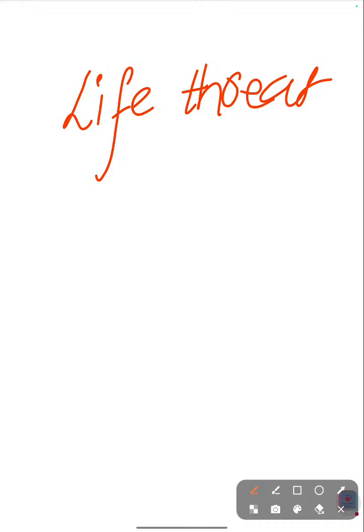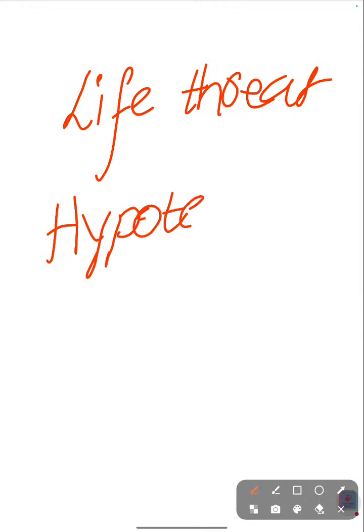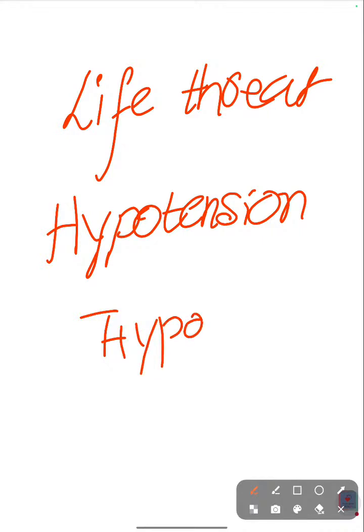There is an acute reduction of effective circulating blood volume, which means there is hypotension. The blood pressure will fall. There is inadequate tissue perfusion, called tissue hypoperfusion. There is hypotension and hypoperfusion.